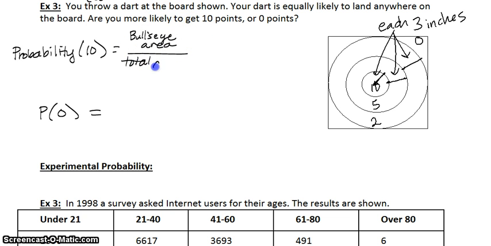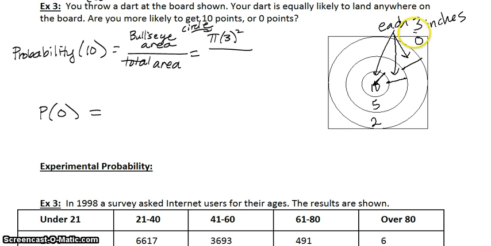So I want to figure out the total area of this dartboard and the area of the bullseye. Then I'll be able to figure out the probability. Notice that the bullseye is a circle. Area formula for a circle is pi r squared. So that is the area of the center bullseye circle.